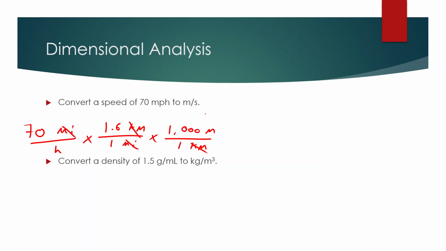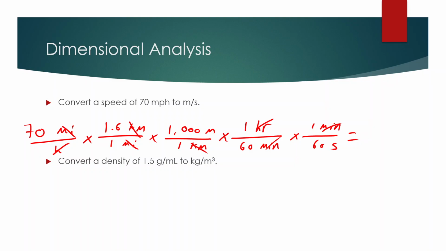We don't want to be in meters per hour. We want to be in meters per second. So now we need 1 hour on the top to cancel out this hour on the bottom. We know that there are 60 minutes in an hour and 60 seconds in 1 minute, right? So we've now crossed out our hours, we've crossed out our minutes, we are left with meters divided by seconds as the only units that remain uncanceled, right?